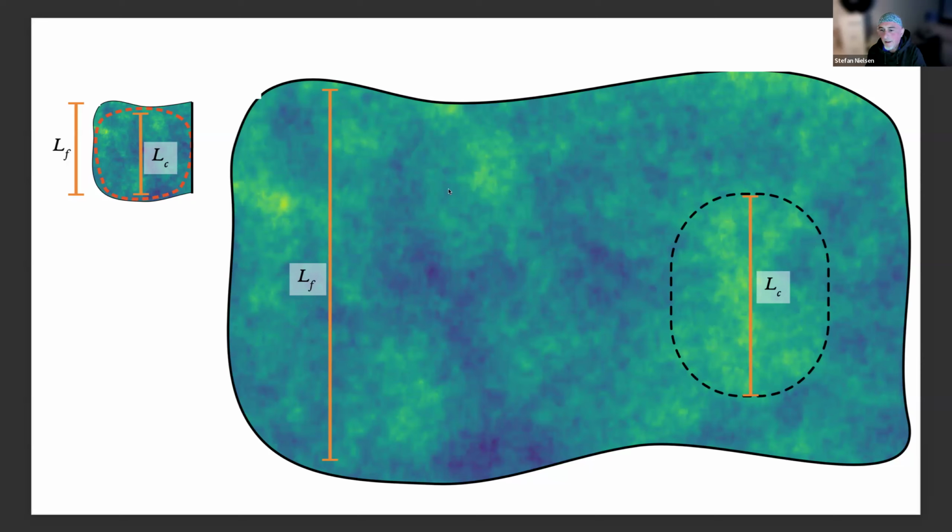Statistically, if you have a large fault, you are bound to observe, on average, larger nucleations on it, because you'll be drawing random sizes, which can be either small or large, whereas on a small fault you're always limited to a small size. So that's a kind of qualitative argument.